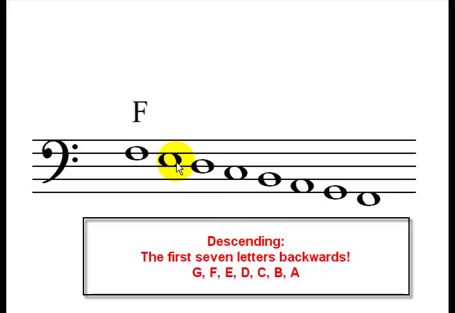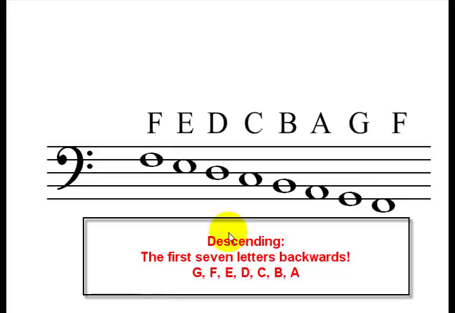So, if we go backwards, this note would be, that's correct, it would be an E. And the next note would be, yes, it would be a D. And then we continue backwards the alphabet. The 7 letters, remember, there are only 7 letters that we use for naming the note names. So there we have it.